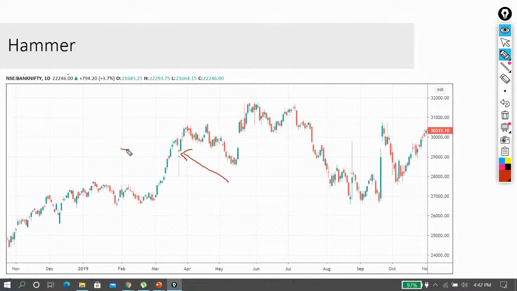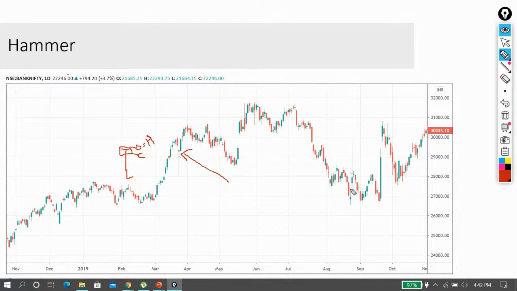It opens like this, makes a low, and then finally it closes somewhere like this. So this is the open and this is the close. Because it is a red candle, open is above and close is lower. Okay, this is low and here open is equal to high because there is no shadow on the upside.